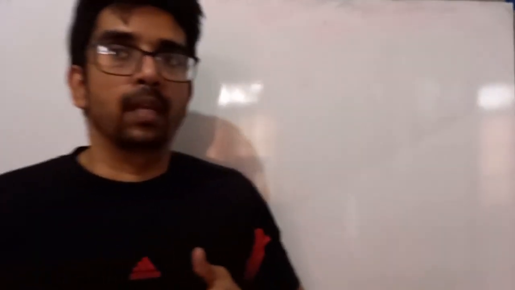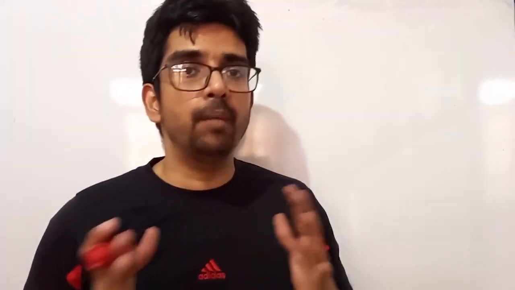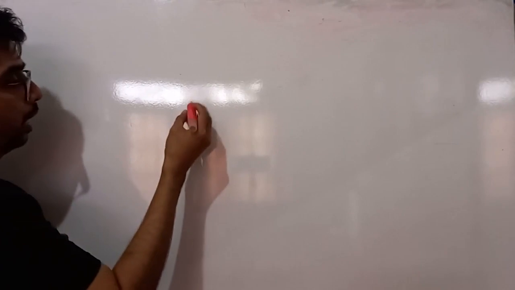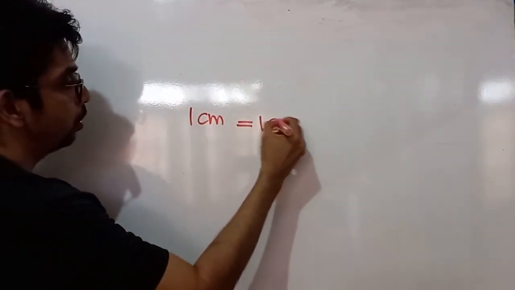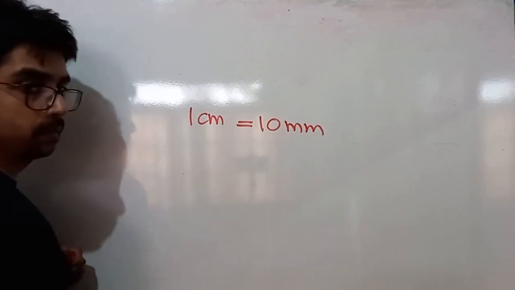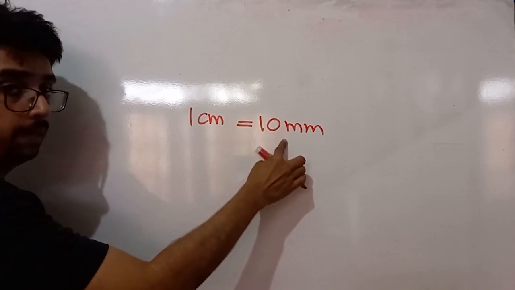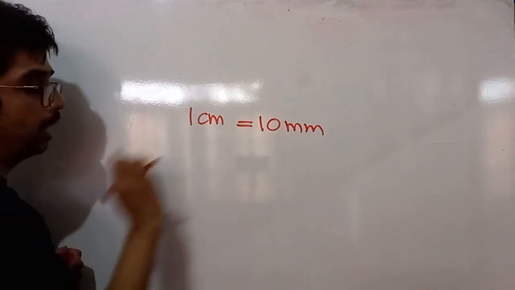Right, so starting from grade 3 onwards, you know some relationships between lengths, right? For instance, 1 centimeter is equal to 10 millimeters. Centimeter කියලා කියන්නේ millimeters 10. Right?